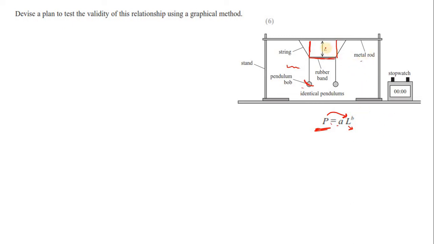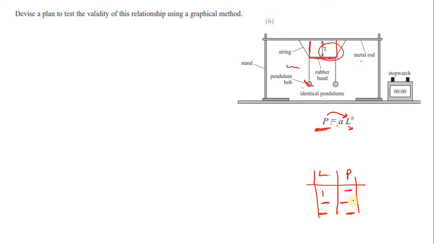Then we change the length and take the second set of readings. In that way, for various values of length, we can have a set of points. If you wish, you can draw a table with a length L and a P. So you have a length and then a P, and then another length and a P, and so you have a set of data.